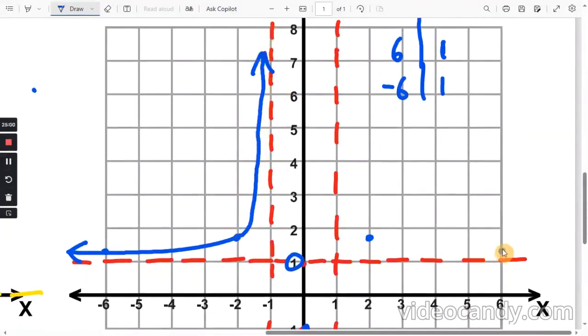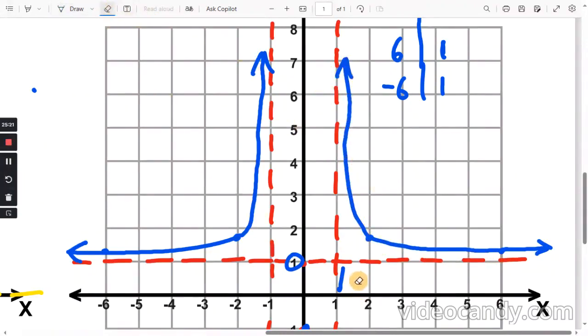Same thing on the other side. All right, you can plug in 1.1 or something and get the point way up here, but we can already see what it's doing. All right, a little crooked, but that's what it's doing. It's approaching the asymptote. And now, we only need the middle part.